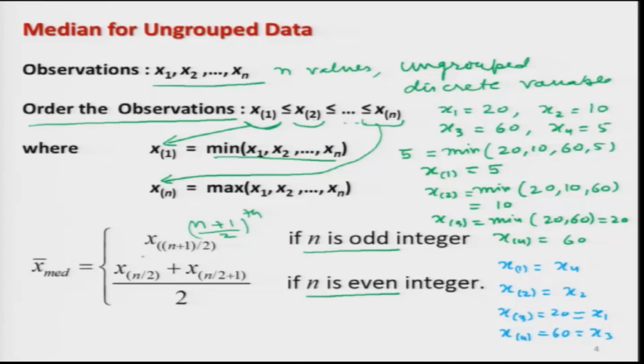And in case it is even, that means the number of observations is even, then the median is going to be the average of the n/2-th ordered observation and the (n/2 plus 1)-th ordered observation, like this.